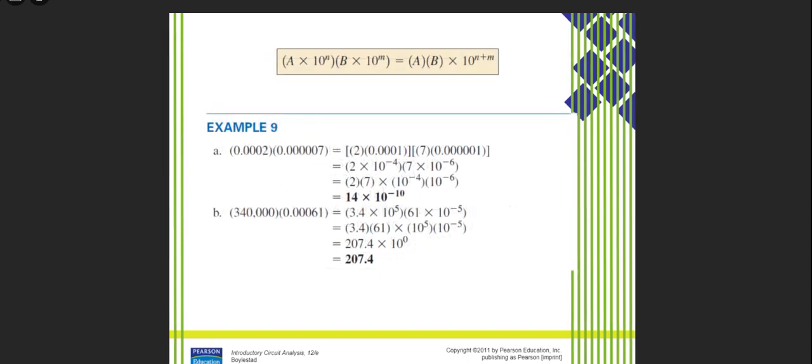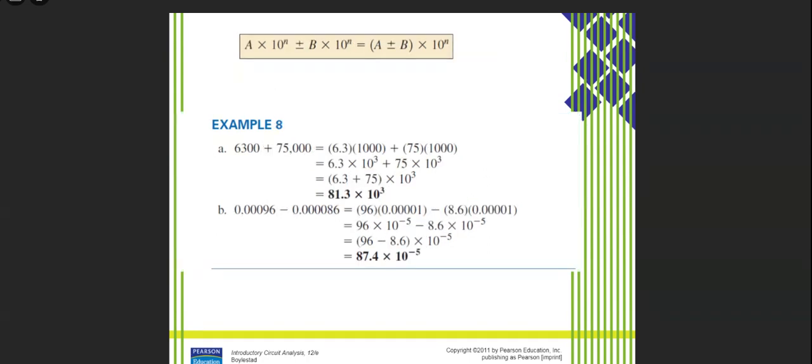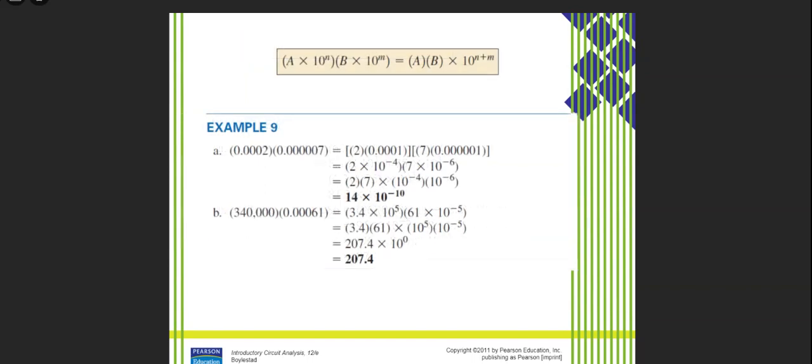Otherwise, you can enter these numbers into the calculator and it will give you the final answer. But the point is that sometimes the calculator also uses this format, and the result you get is in the format of 10 power of something. So it's good to know how to deal with numbers and convert them to powers of 10.